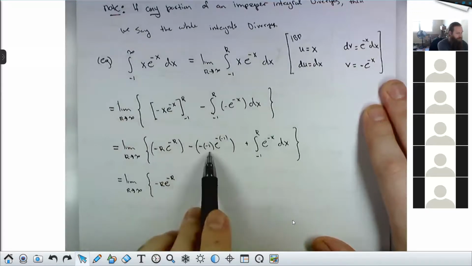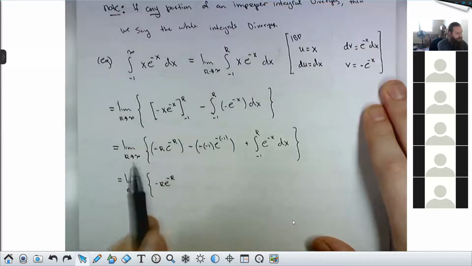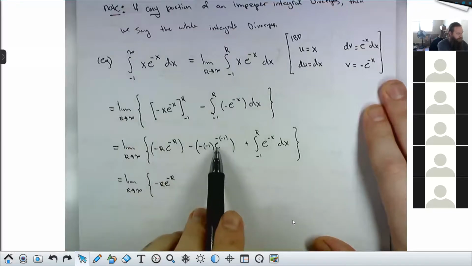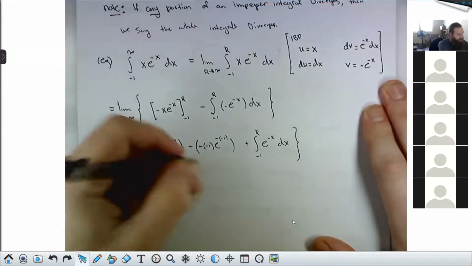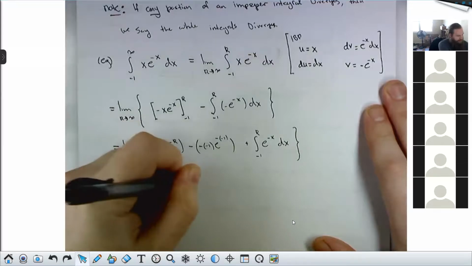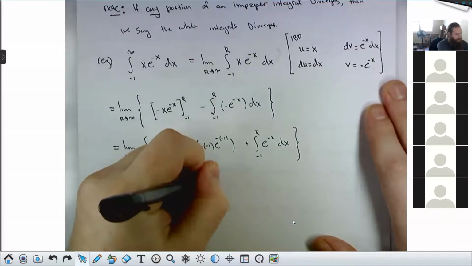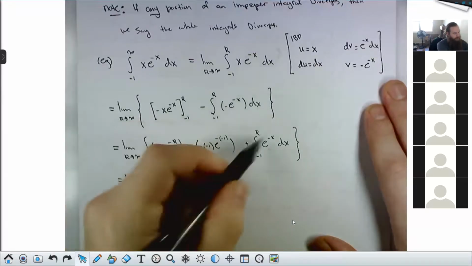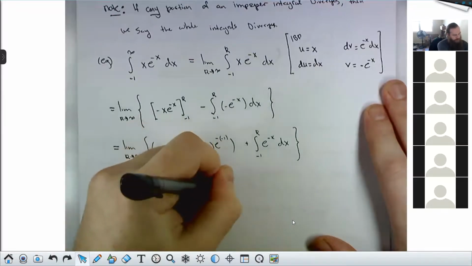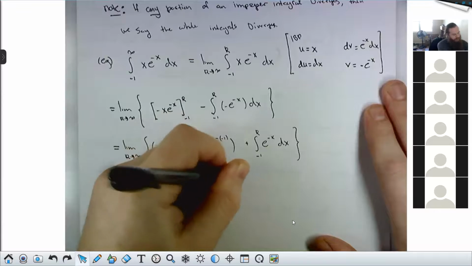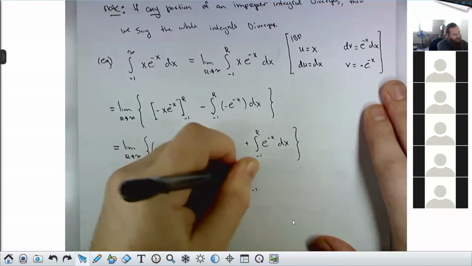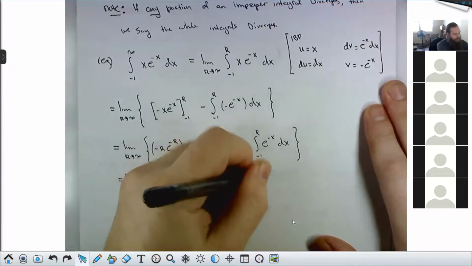So these two would make this a positive one, and this would make it negative again. And then here I have e to the -1. So this is just going to become minus e. And then my integral, when I take the antiderivative of e to the -x, I get -e to the -x. And that gets evaluated from -1 to r.